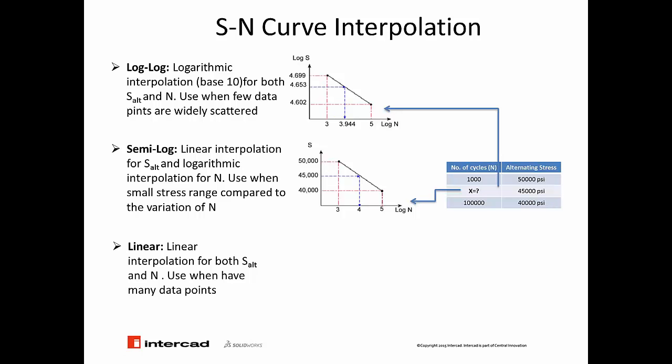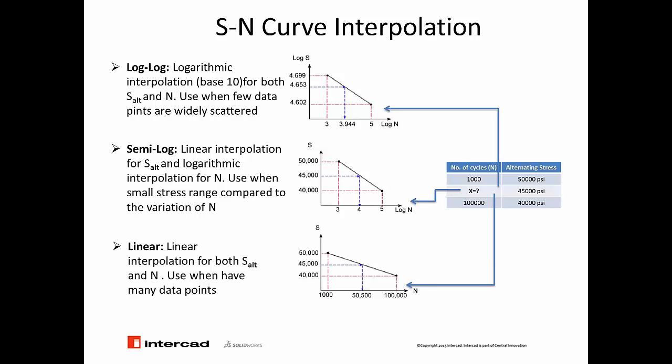If you have many data points, we simply use this method, and we simply prepare the SN curve, which is representing the real values of alternating stress and number of cycles. So you conducted a test on your actual product or actual material, you got the test data, and this is simply a correlation between alternating stress and the number of cycles to cause a failure.